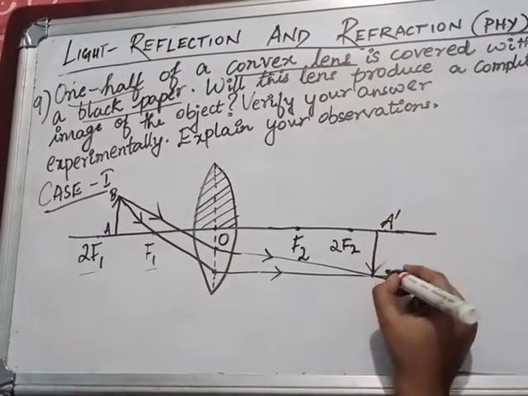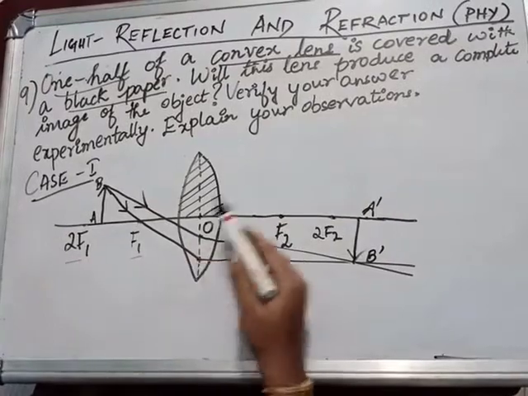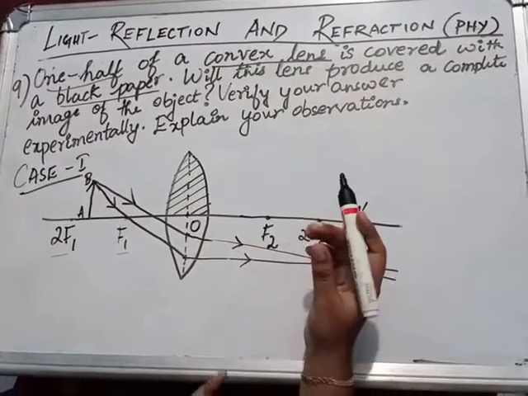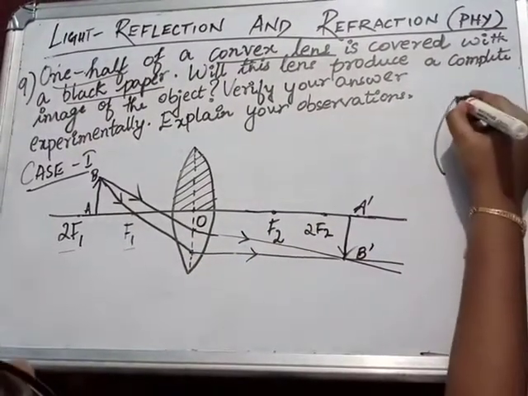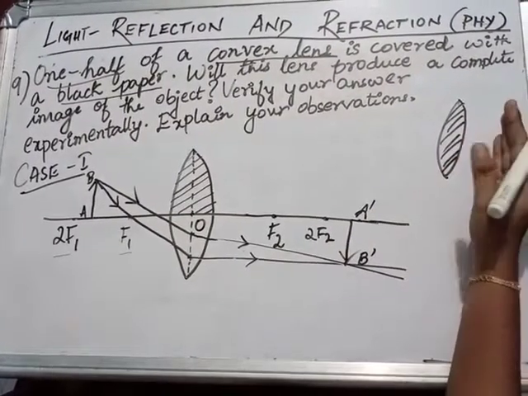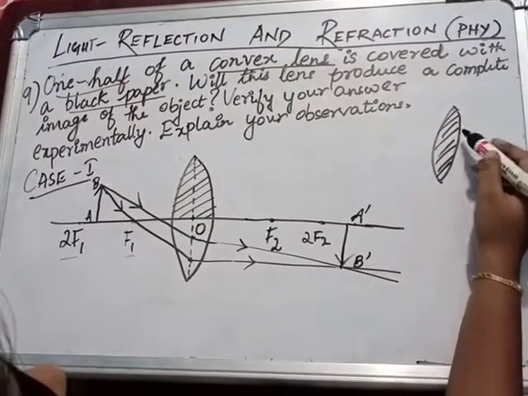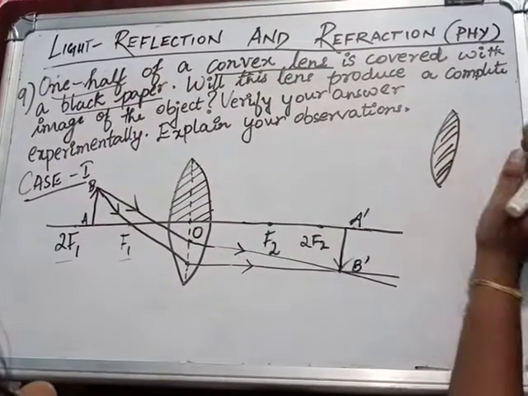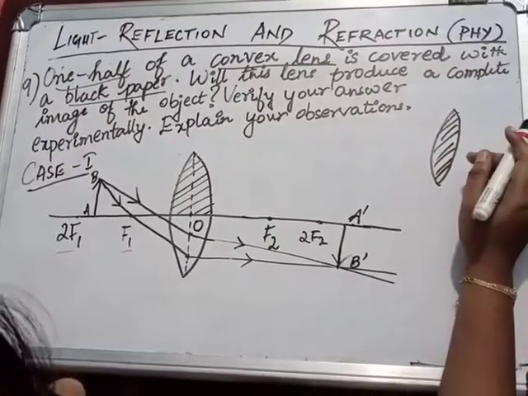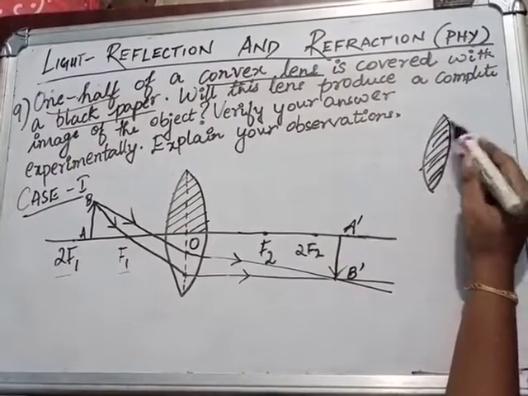So even if one half is covered, refraction won't be stopped. But if the whole lens is covered, of course, refraction cannot take place. Suppose this is a convex lens and you cover the whole convex lens with a black paper. The convex lens is no more transparent. It becomes opaque. So refraction cannot take place through opaque objects, right? So refraction cannot take place if the whole lens is covered.